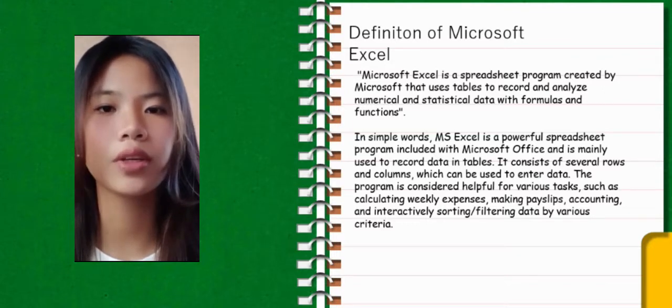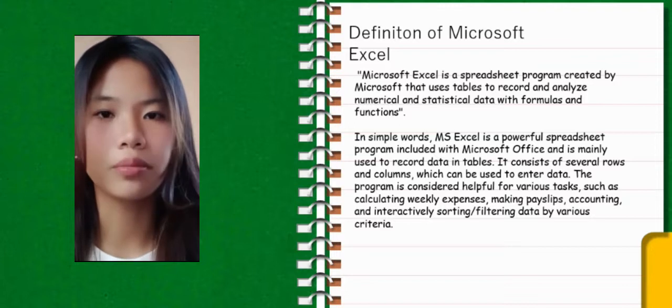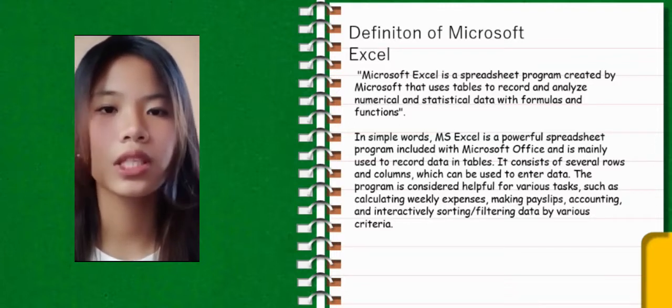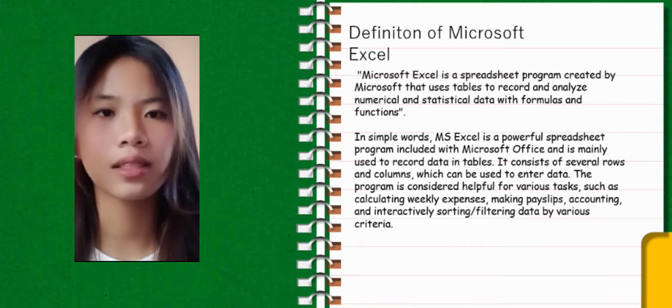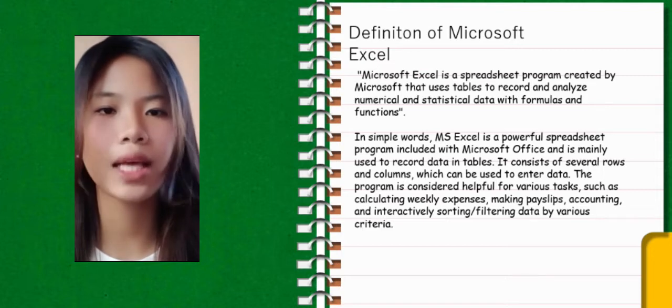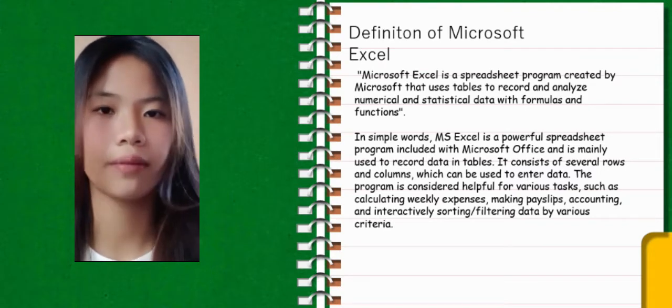It consists of several rows and columns, which can be used to enter data. The program is considered helpful for various tasks, such as calculating weekly expenses, making pay slips, accounting, and interactively sorting and filtering data by various criteria.